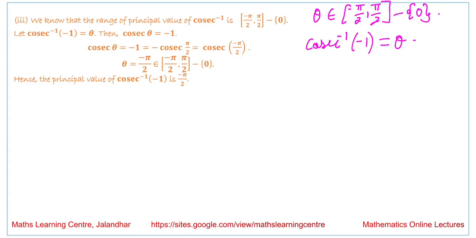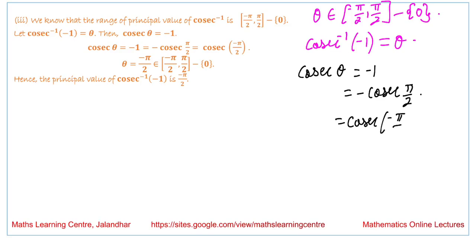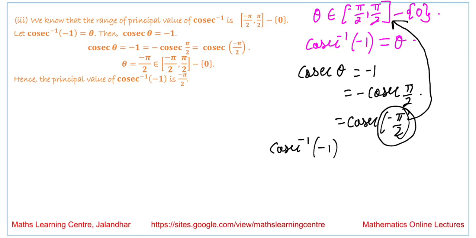So we are interested in the value of theta for which cosecant theta is equal to minus 1, this is equal to minus cosecant of pi by 2, this is equal to cosecant of minus pi by 2, and this value minus pi by 2 belongs to this interval. So we are saying the principal value of cosecant inverse of minus 1 is minus pi by 2.